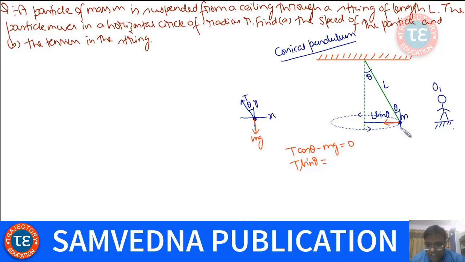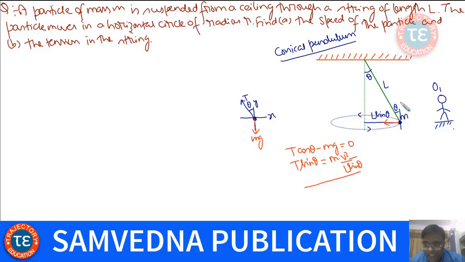I told you earlier also, if a body is undergoing a circular motion, it is accelerating radially inward. So the net force in the radially inward direction is T sin theta, and this equals m v square upon R, where R is L sin theta. So this is the equation.